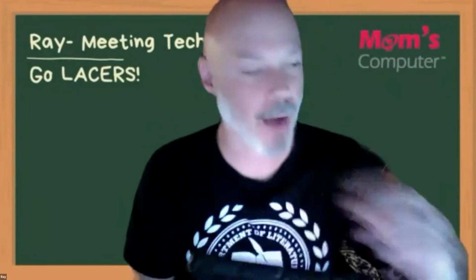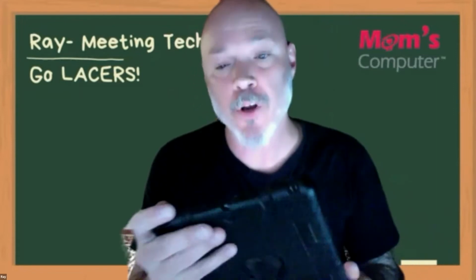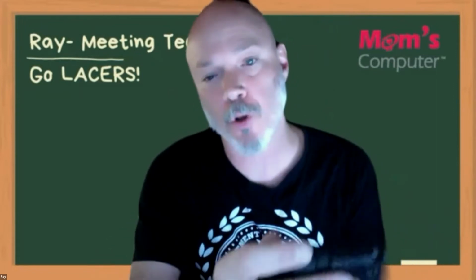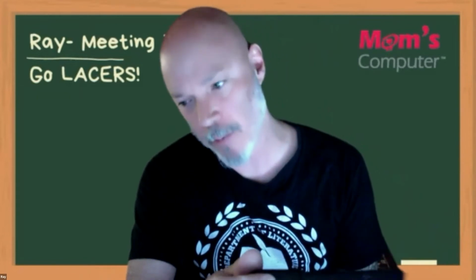Oddly enough, you have to push the power and the volume down button at the same time. If you have an older one with the circle home button on the bottom, you have to push the power and the home button at the same time.